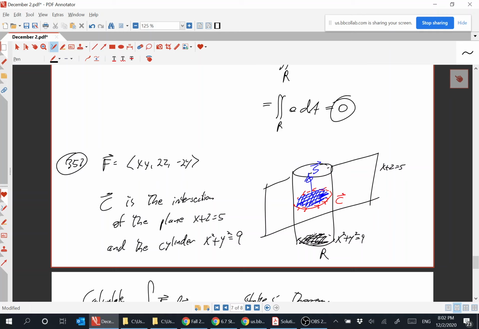The intersection of the plane with the cylinder is that boundary curve, see? But what surface has that boundary curve? The plane, the part of the plane that's inside the cylinder. So yeah, I think what you said was right. The way you said it was good. But we never figured out what that boundary curve is. We never parameterized the boundary curve, right? Because all we needed to do was parameterize the plane instead.